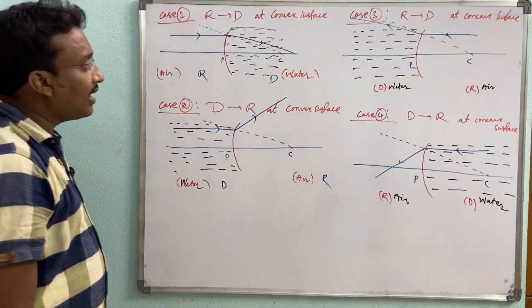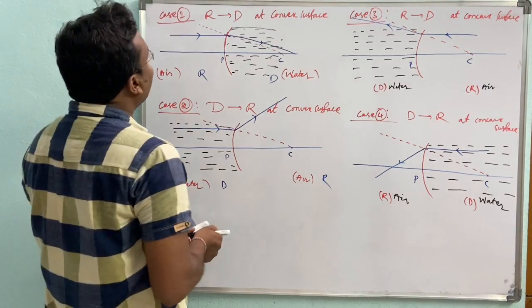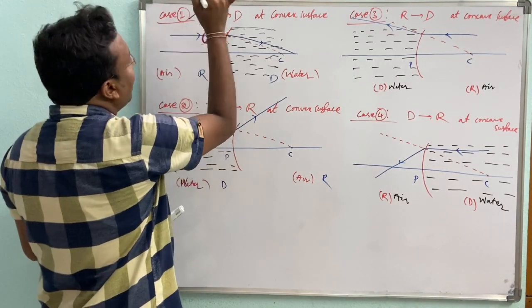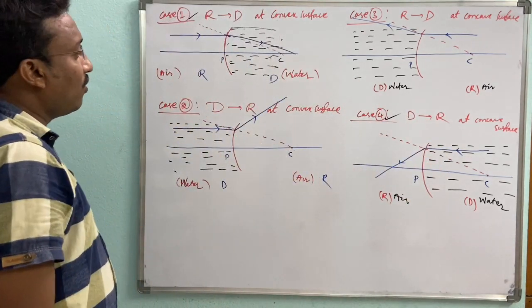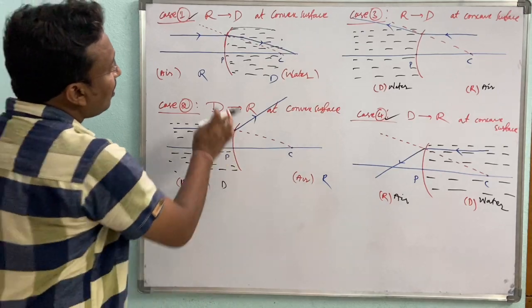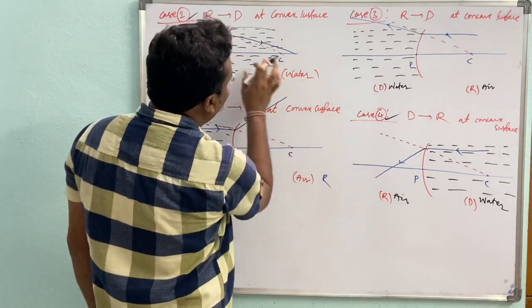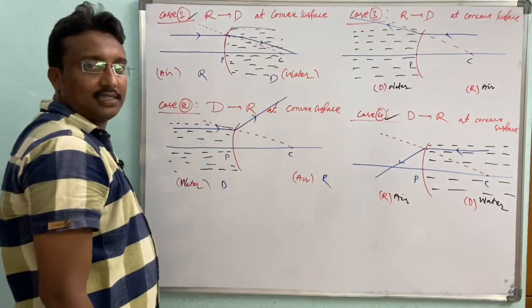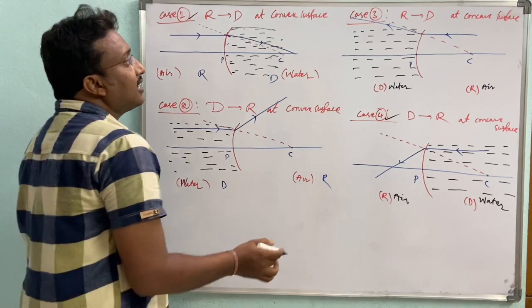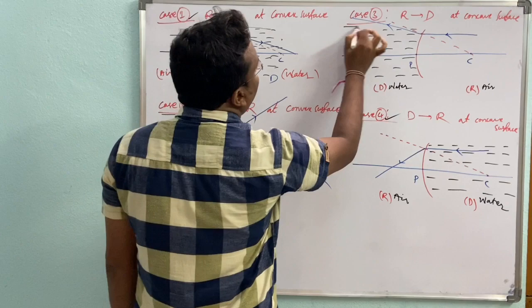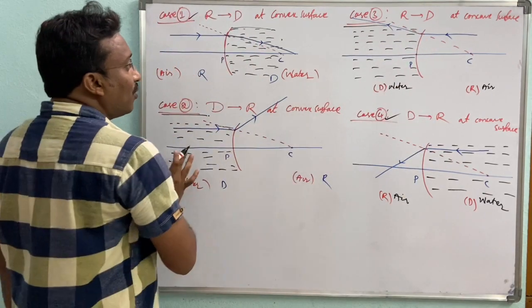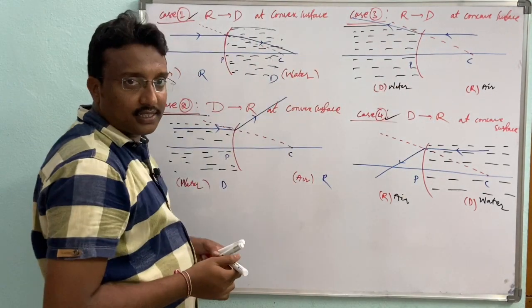Got it? Here you have to notice that in case 1 and case 4, the refracted ray cuts the principal axis. In case 2 and case 3, the rays are moving away from the principal axis.